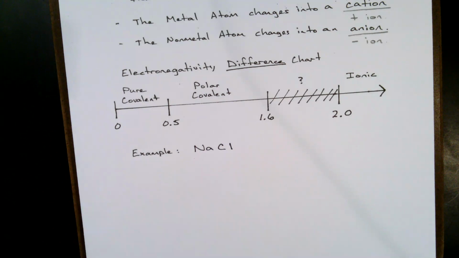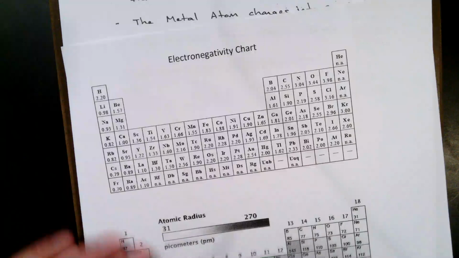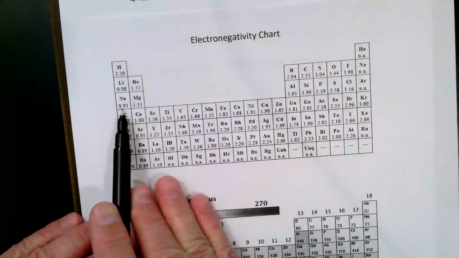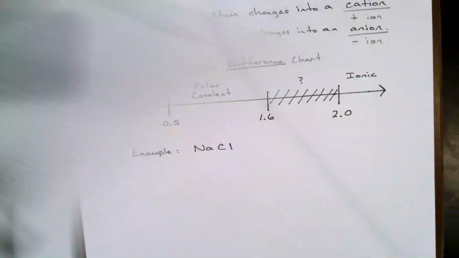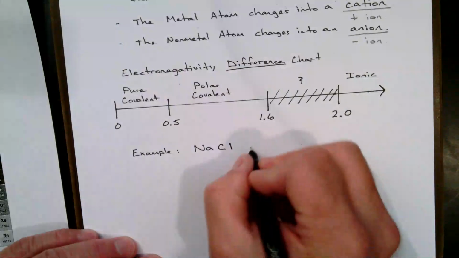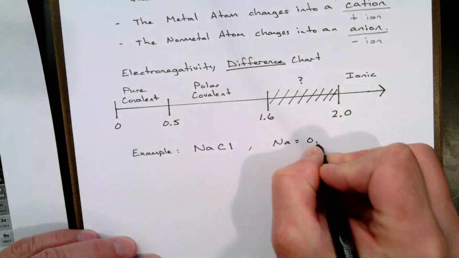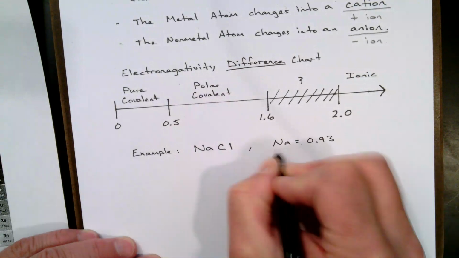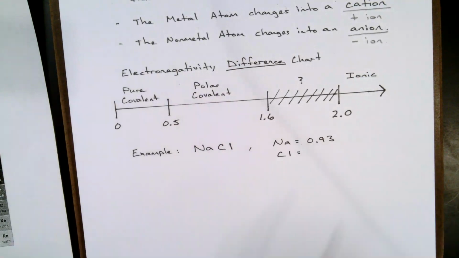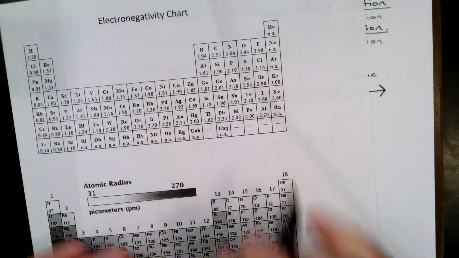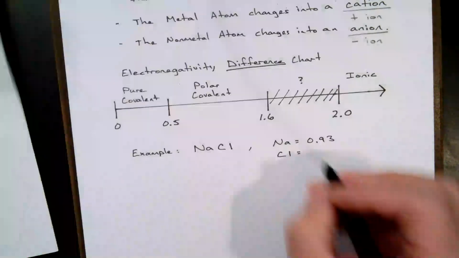I'm going to recognize that Na has a certain attraction for electrons, and it's 0.93. Cl has an electronegativity value of 3.16.